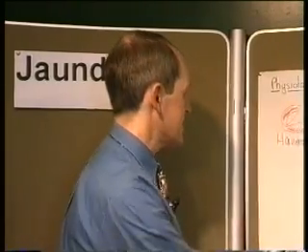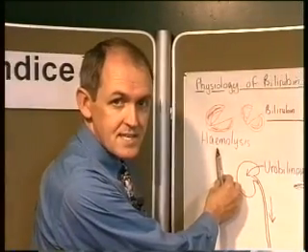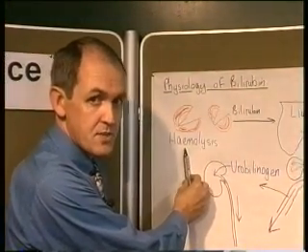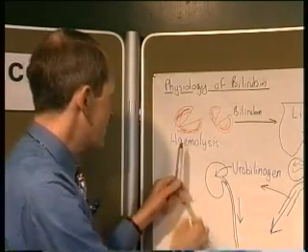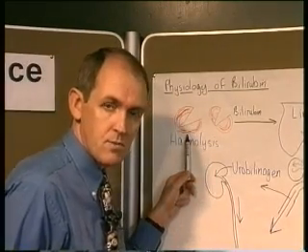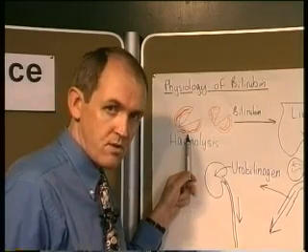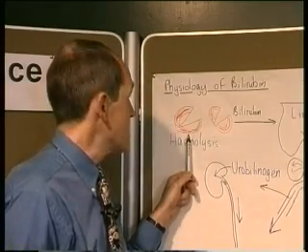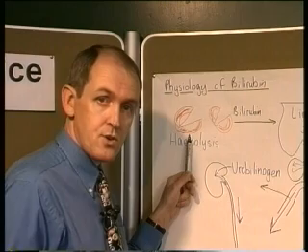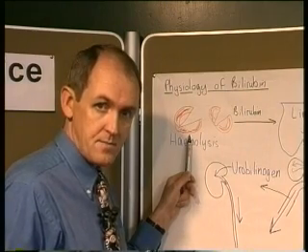So the first possible cause is prehepatic jaundice. Now in prehepatic jaundice, there's an increase in hemolysis for some reason or another. So if there's more hemolysis going on than normal, there's more red blood cells broken down than normal, that means that more bilirubin than normal is going to be released into the blood.